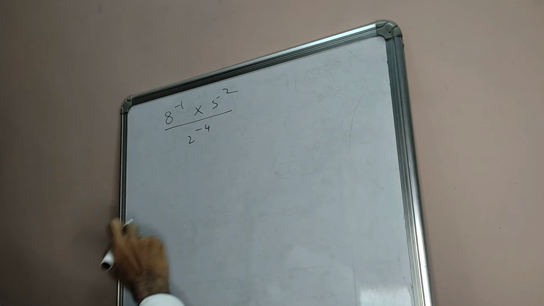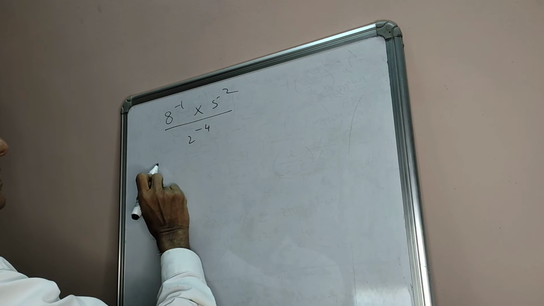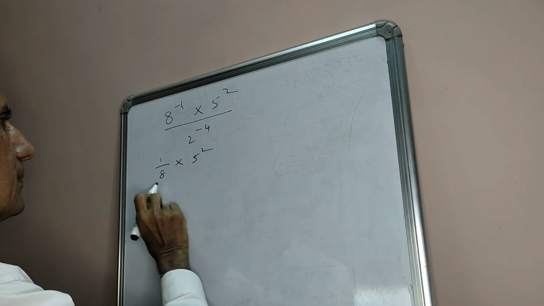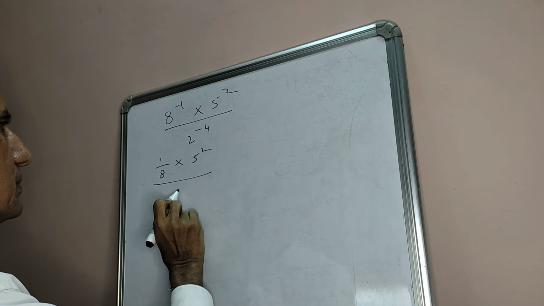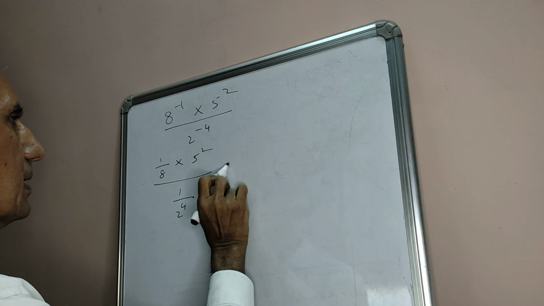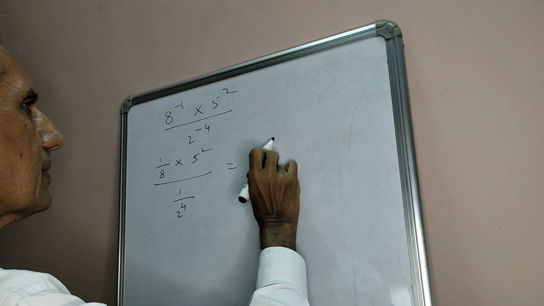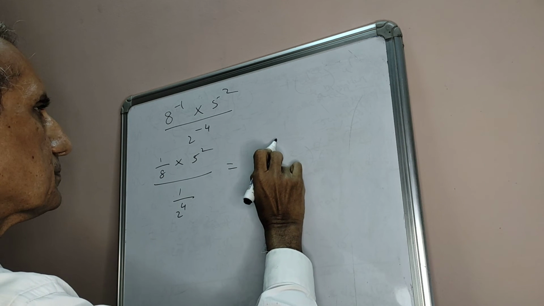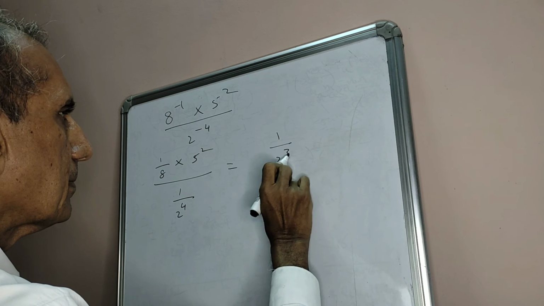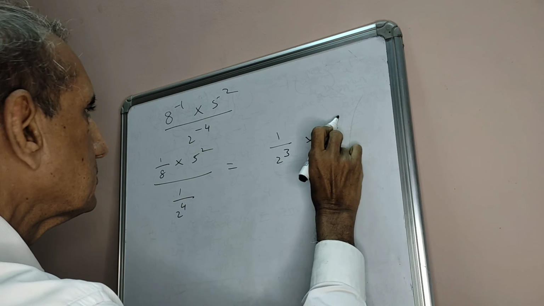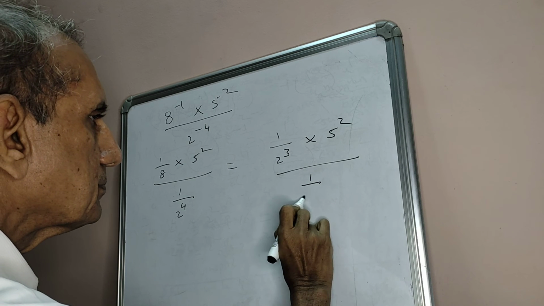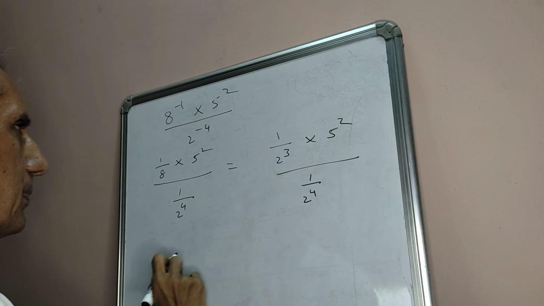How do you solve this? So this will be 1 by 8 into 5 square by 1 by 2 to the power 4. I can write this as 1 by 2 cube by 1 by 2 to the power 4. This goes up.